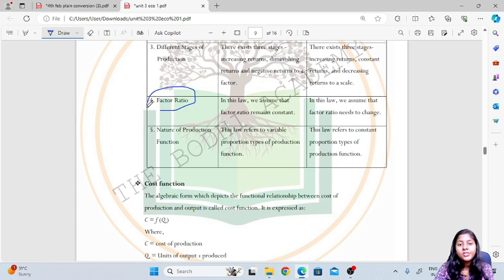Then factor ratio: in the law of returns to a factor we assume that the factor ratio remains constant, and in returns to scale the factor ratio needs to be changed. The nature of production function: the first law refers to a variable proportion type of production function, and the second refers to a constant proportion type of production function.